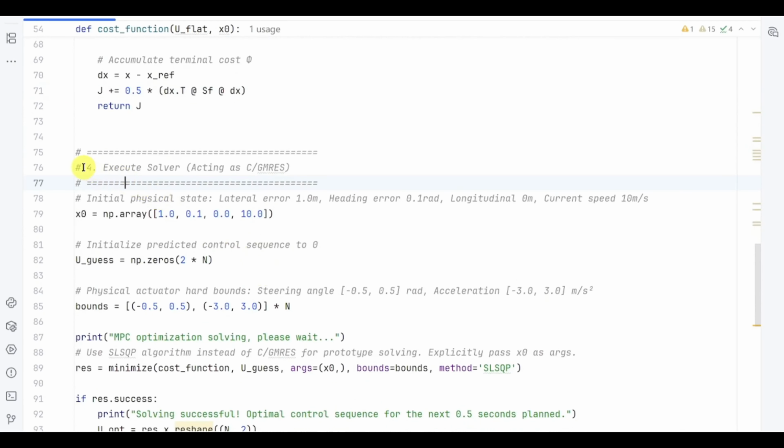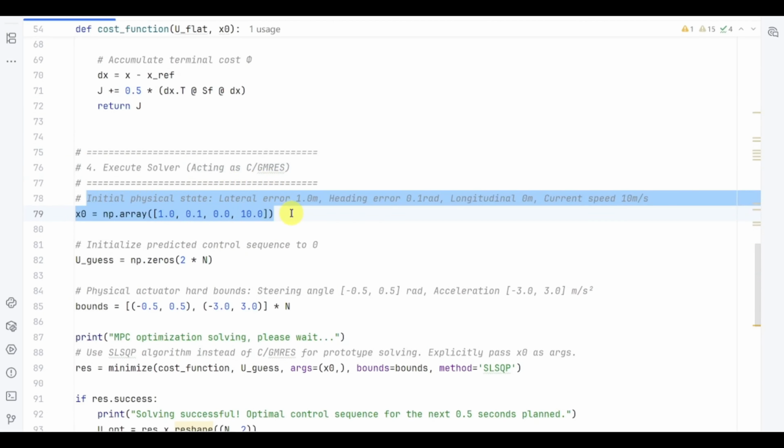The last part is executing the solver, and this is the initial physical data. The lateral error FPY is 1.0 meter, the theta F heading error is 0.1, FPX is 0, and the current speed V is 10.